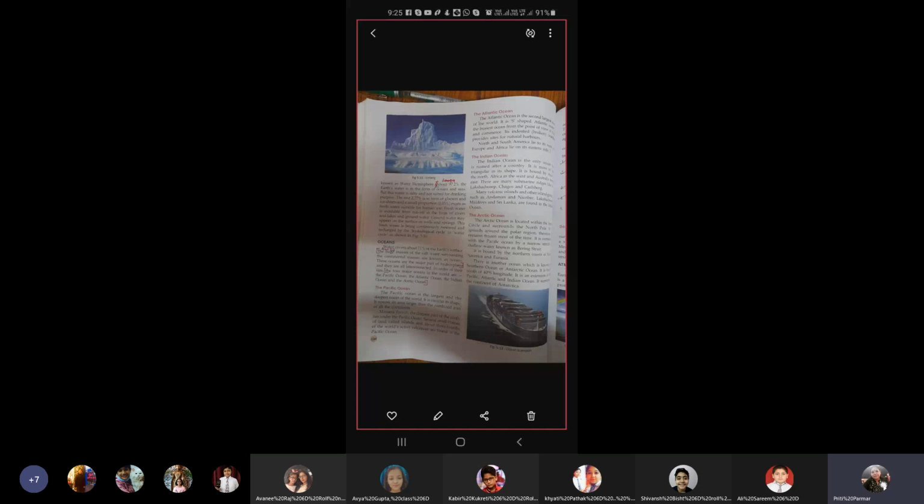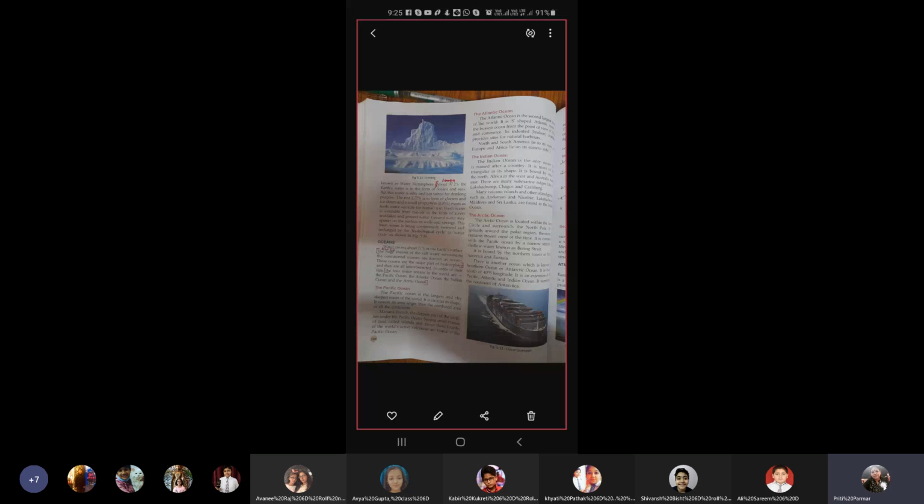It is covered with ice throughout and has big, huge icebergs. It is connected with the Pacific Ocean by a narrow stretch of shallow water known as the Bering Strait.